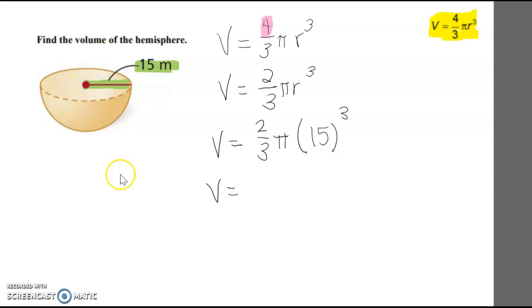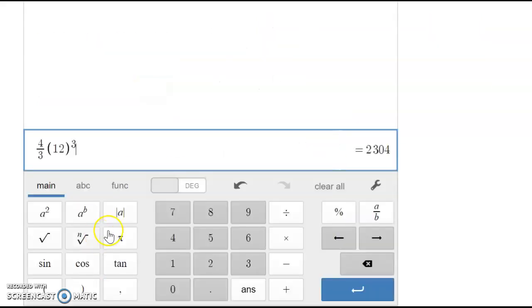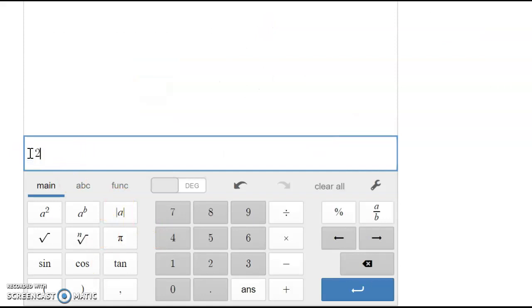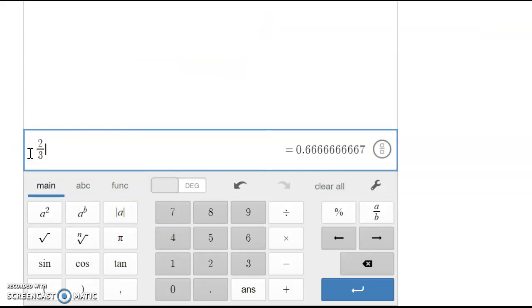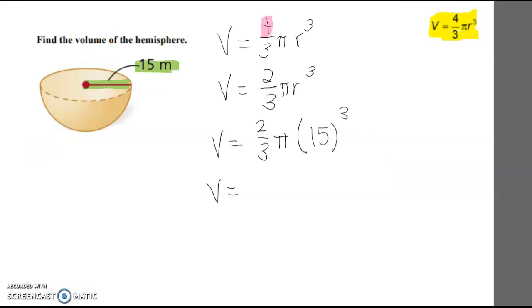So 2/3 times 15 cubed gives us 2,250 pi meters cubed. Now, we kept this in terms of pi.